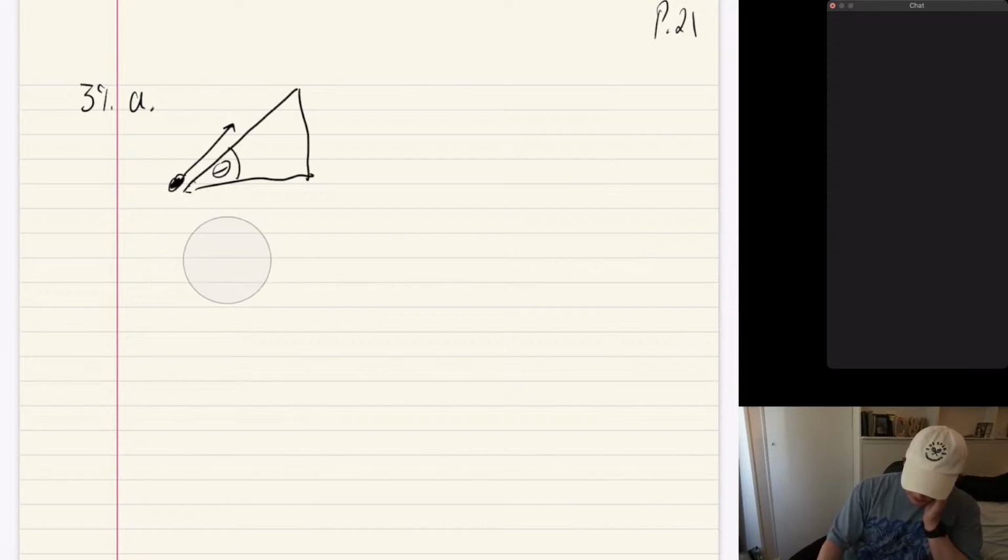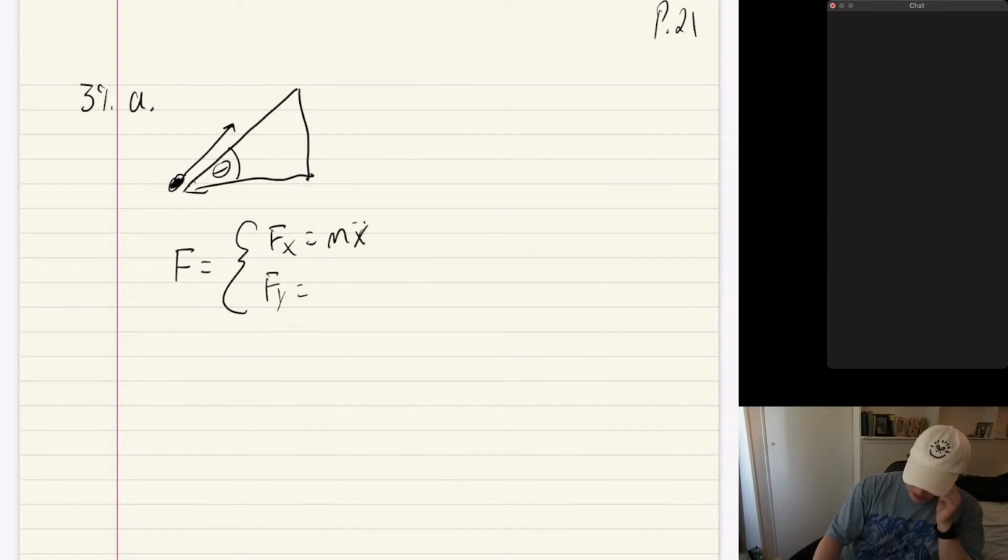Well, let's write down the thingamabob. So we have our F is equal to, should be a function of this, so it's m times our acceleration in the x direction, and m times our acceleration in the y direction.